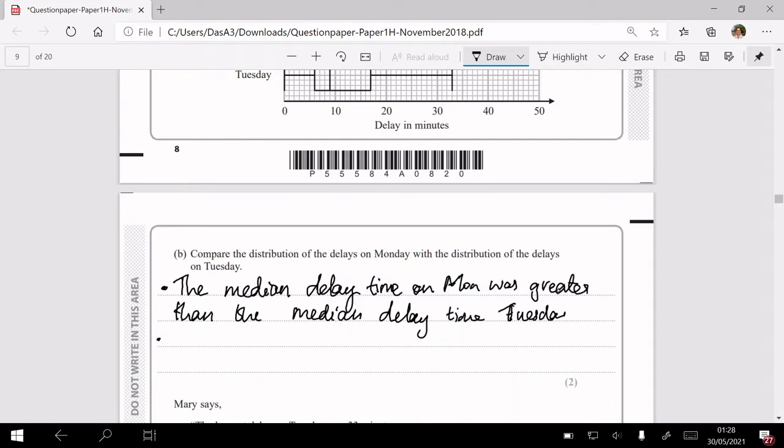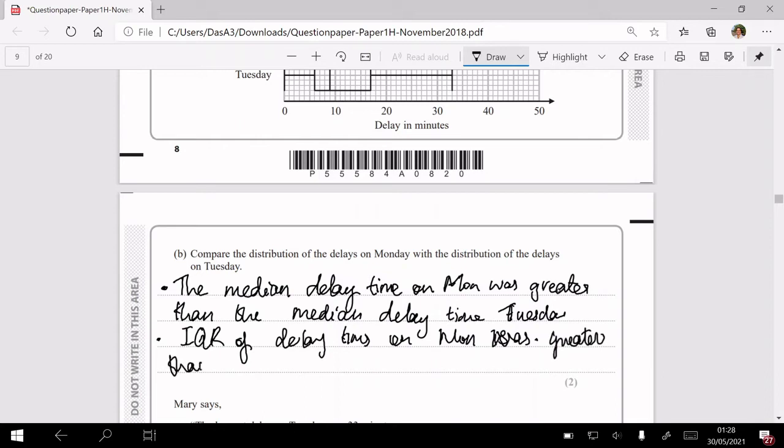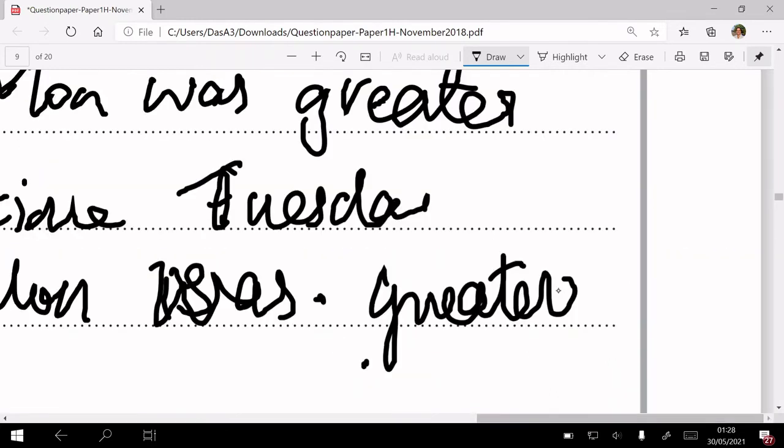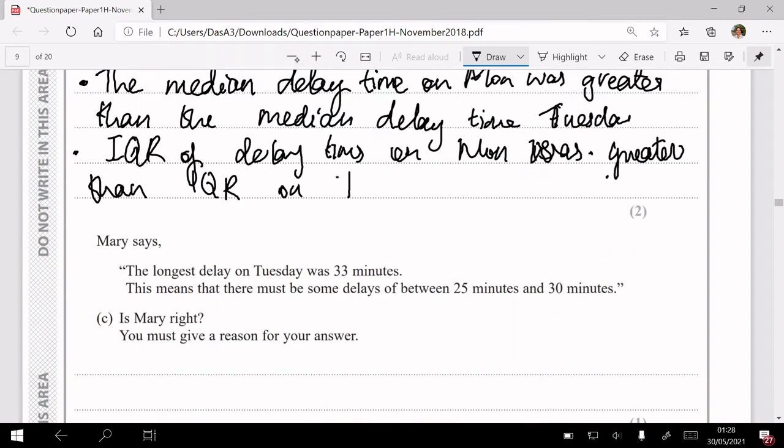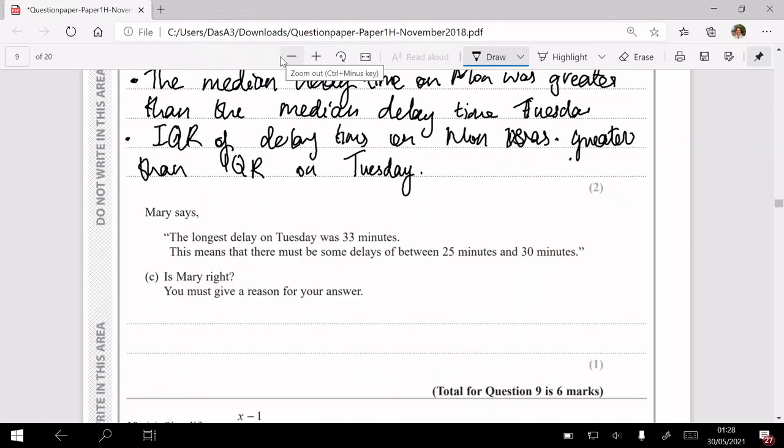So you can say something along the lines that the interquartile range of delay time on Monday was greater than the interquartile range on Tuesday. So that's pretty much it for the 2 marks.